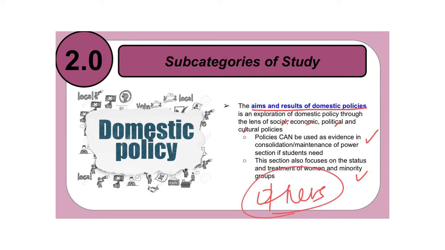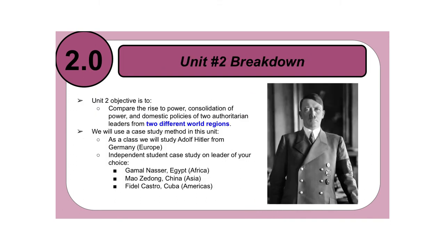What policies and results of their domestic policies impacted women and minorities in their country, what were the goals of their policies, and how successful were those policies once they were established? That's the last part that you have to worry about, the aims and results of those domestic policies.